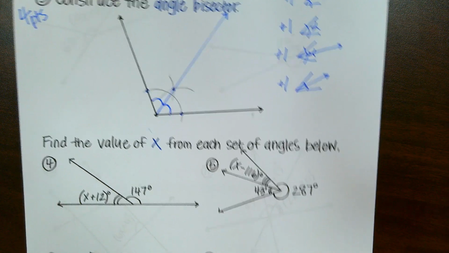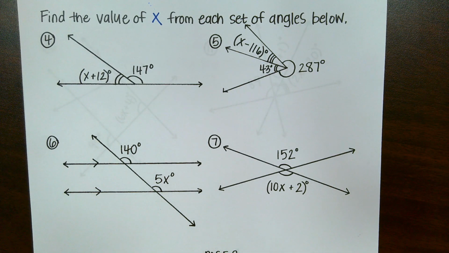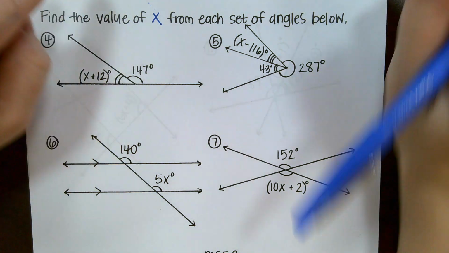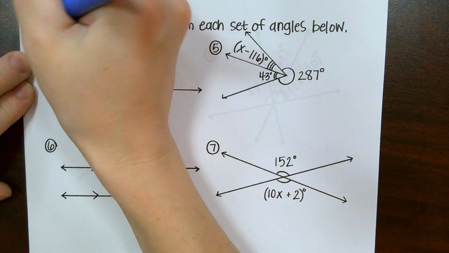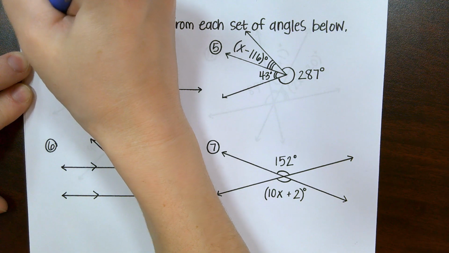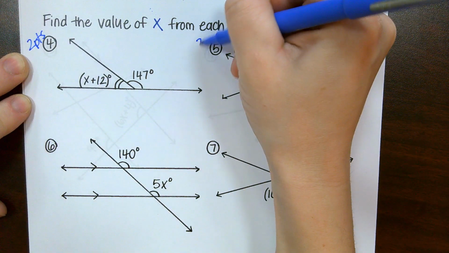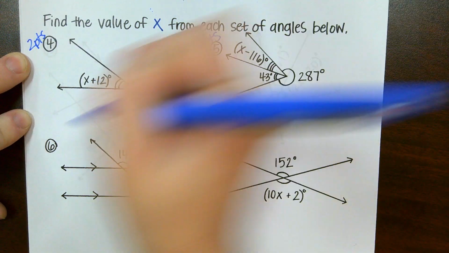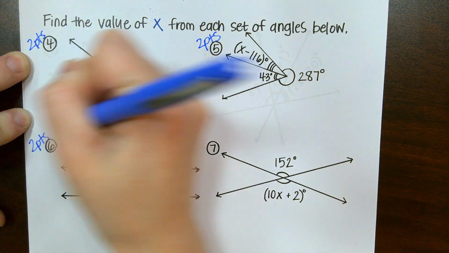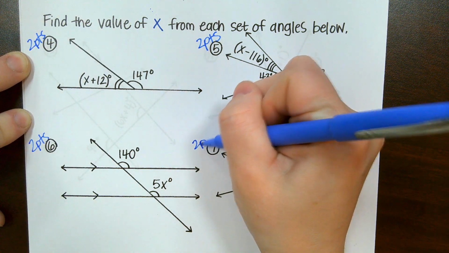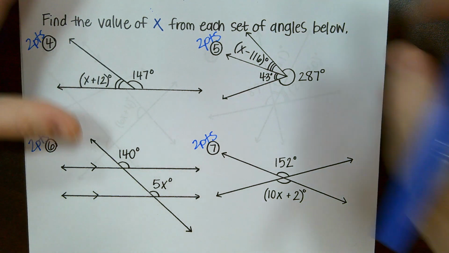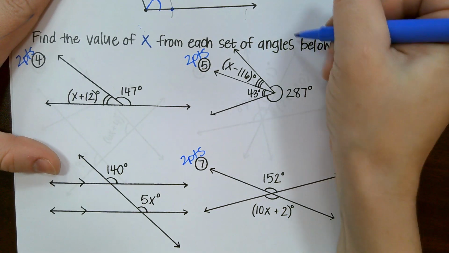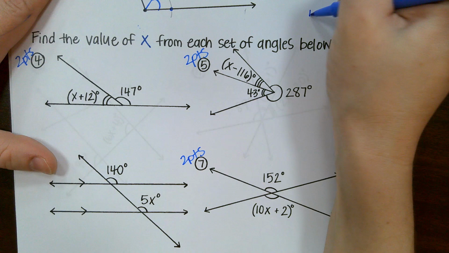Now let's move on to number 4 through 7 here. So for these problems, each one is worth 2 points. So I'm going to write 2 points on all of these real quick. And each of your points are going to come from these 2 things.